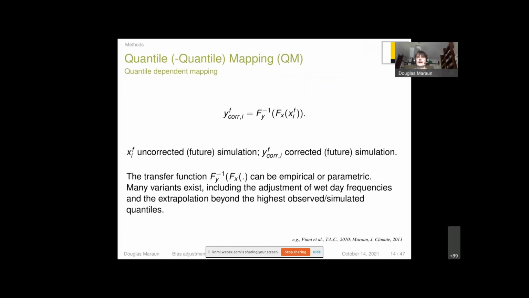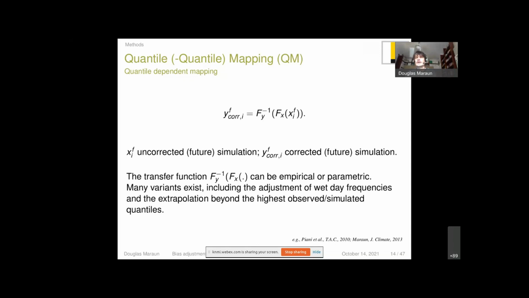A more sophisticated model for bias adjustment is the so-called quantile mapping, where you basically do this correction for every quantile. I would assume that you know what quantiles are, but just quickly: you have got your probabilities between 0 and 1, and your 50th percentile would be the median.